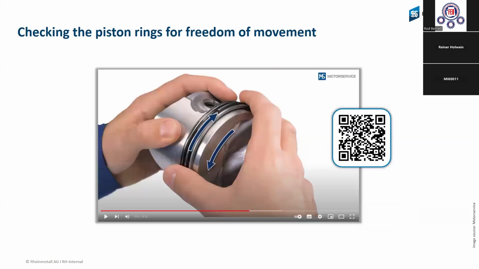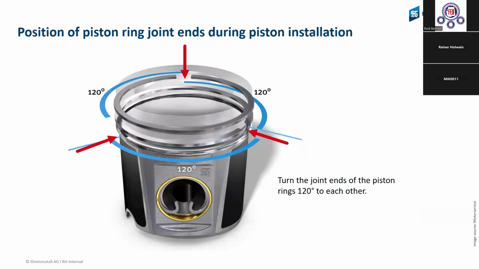Also check that the rings move in the ring groove, and position the open end, the ring joint ends, at different places when you install the piston in the engine. Then the pressure from the combustion side cannot drop down to the oil pan for the first, I would say, second when you start the engine.